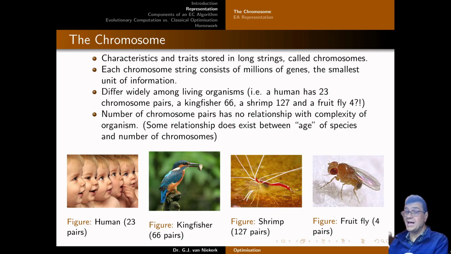So you as a solution are completely encompassed within those 46 chromosomes, which I find absolutely phenomenal. And of course, this is what inspires the whole idea of representing a solution within a genetic algorithm or evolutionary algorithm, and then applying reproduction and selection on it, in order to find a solution to a problem.